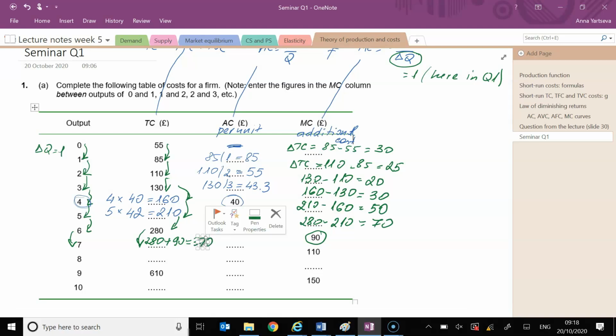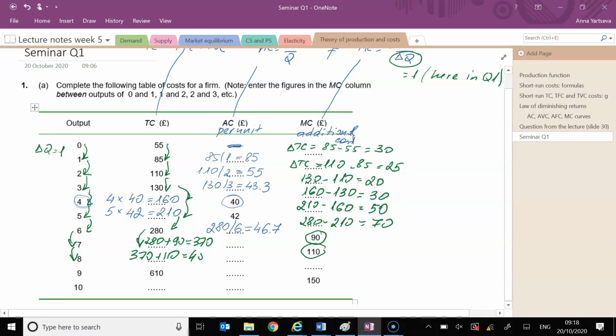Because we know that marginal cost for this 7th unit of output is equal to 90, it implies that as we start producing the 7th unit, our total cost will go up by 90 pounds from 280 to 370. Similarly, when total production goes up from 7 to 8 units, our total cost will go up by 110. So the previous total cost of 370 will increase by 110, which means that the new cost level will be equal to 480.